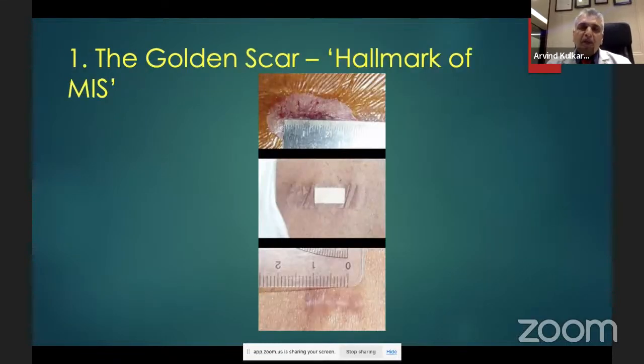The scar of minimal access spine surgery is one of the attractions for why patients come to us. This is our trump card. This is our hallmark. We tell the patient that your surgery will be done not with a long, treacherous incision, but a very small incision which will probably disappear over a period of time.